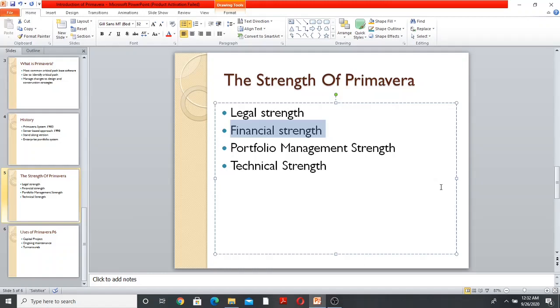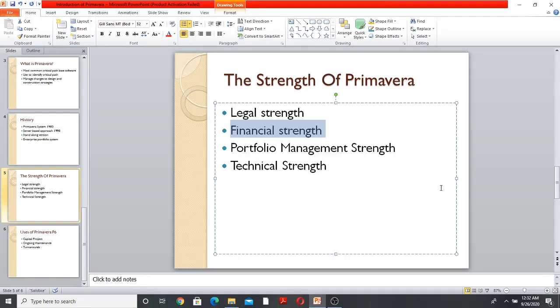Project decision makers often come from corporate finance and business operations backgrounds. Primavera P6's ability to interface with financial systems and produce reports that align with financial reporting requirements is a very important feature on some projects.